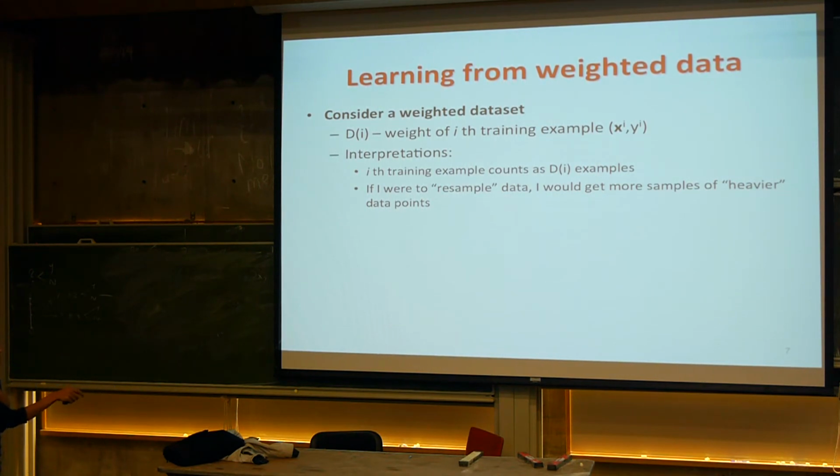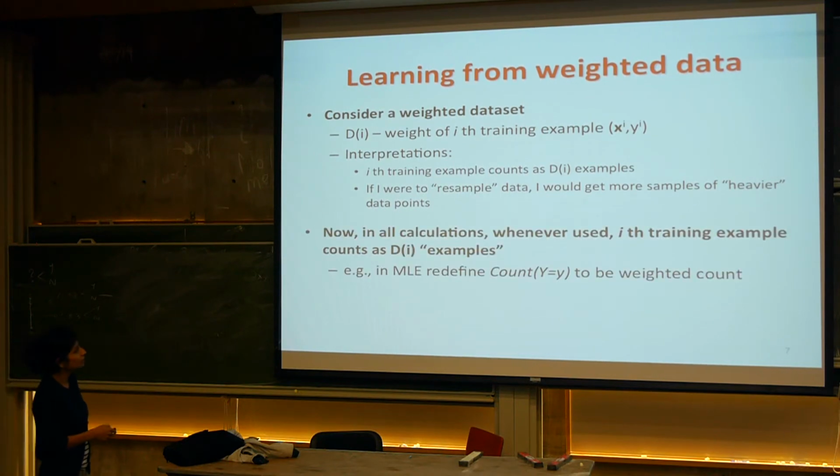Or you can think about it that if you were to resample the data, you would get more instances of the data points that had heavier weights and fewer instances of the data points that have lower weight. So that's at least intuitively how you can interpret weighted data.